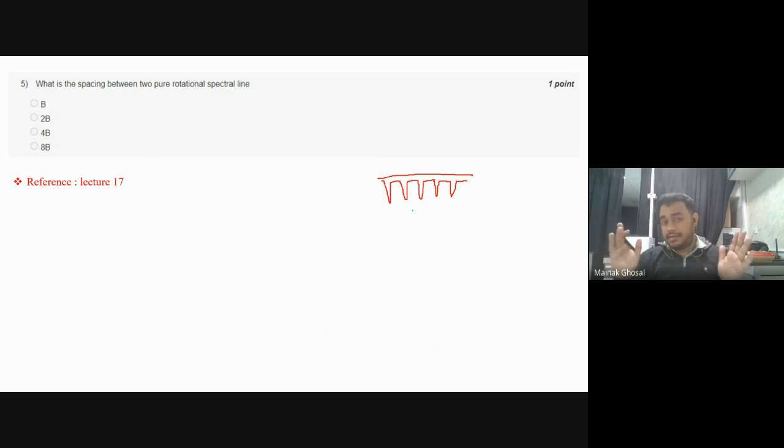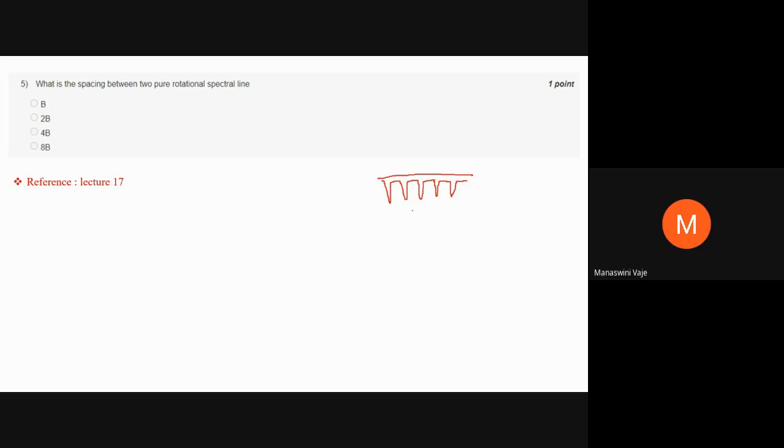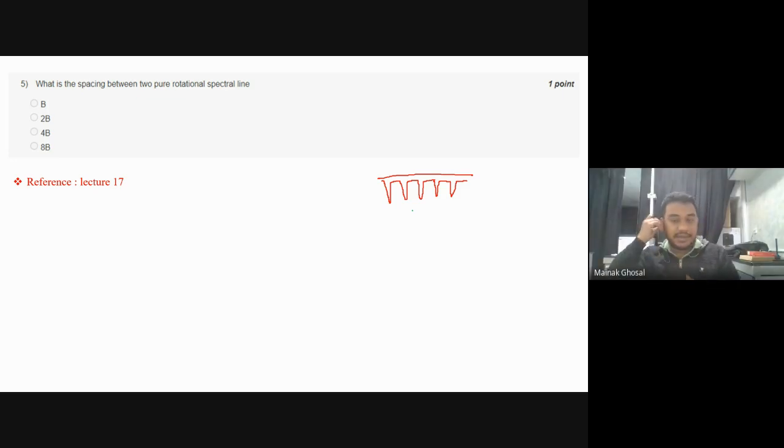So for pure rotational spectrum, are the lines equally spaced or not? They are equally spaced, exactly. So what is the spacing?